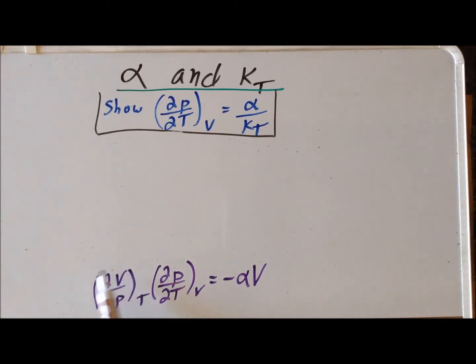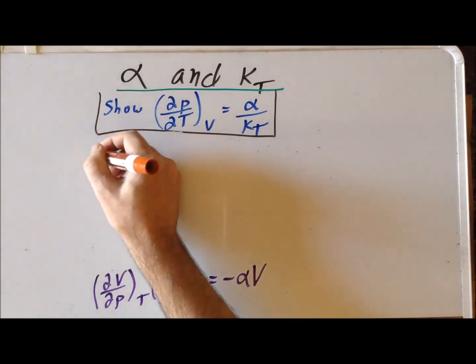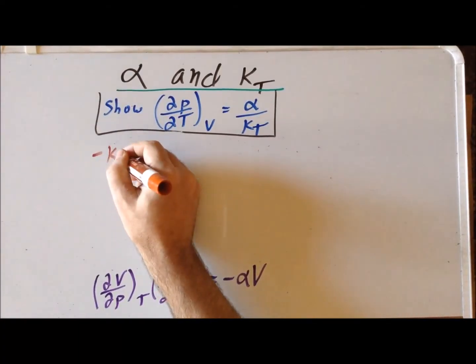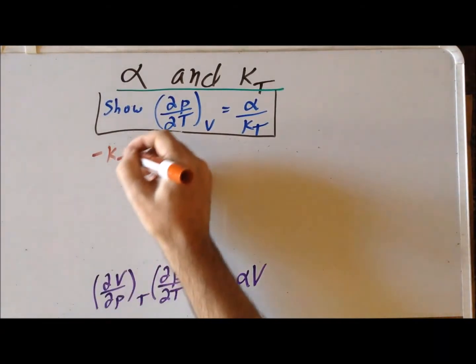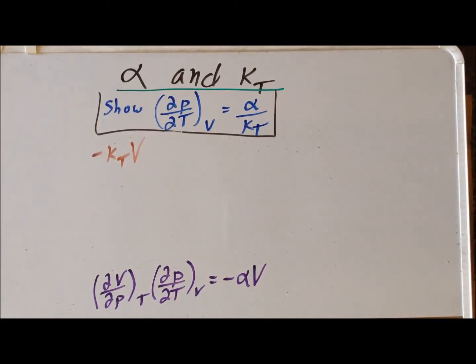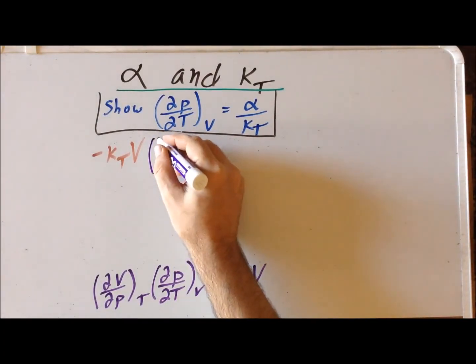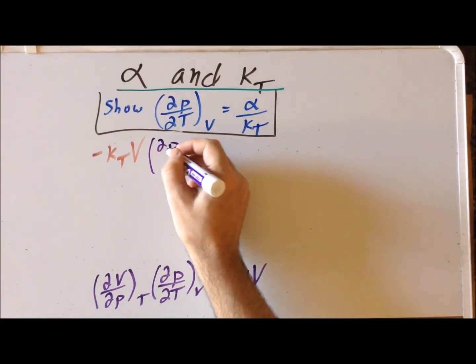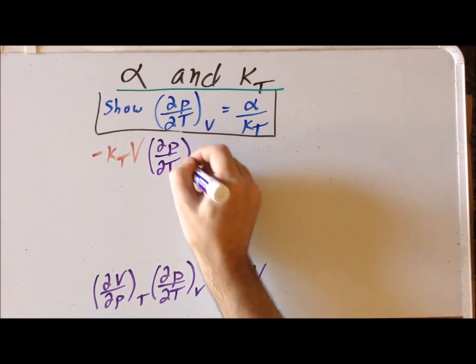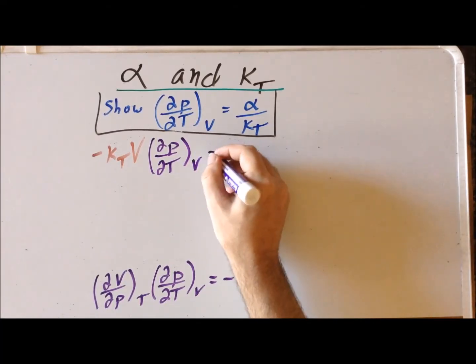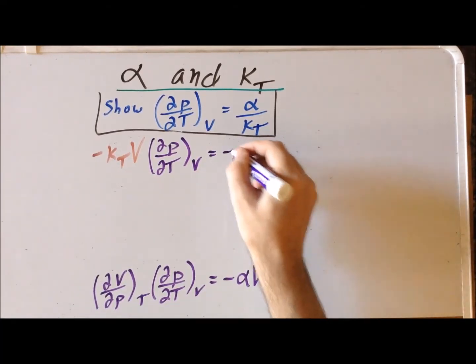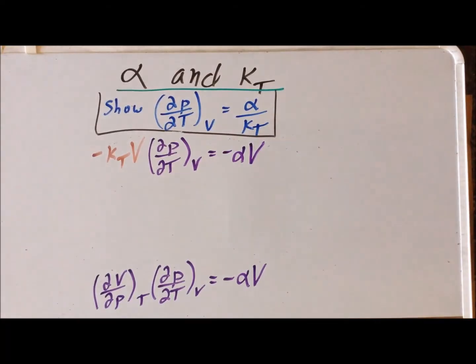Recall that we had previously derived an expression for this particular partial derivative, and we found that it was equal to minus K sub T times V. So let's make that substitution here. Minus the isothermal compressibility times the volume, and we still have what we had before, which was the partial derivative of P with respect to the temperature under a constant volume circumstance. And that is equal to minus alpha, the expansion coefficient, times V, the volume.